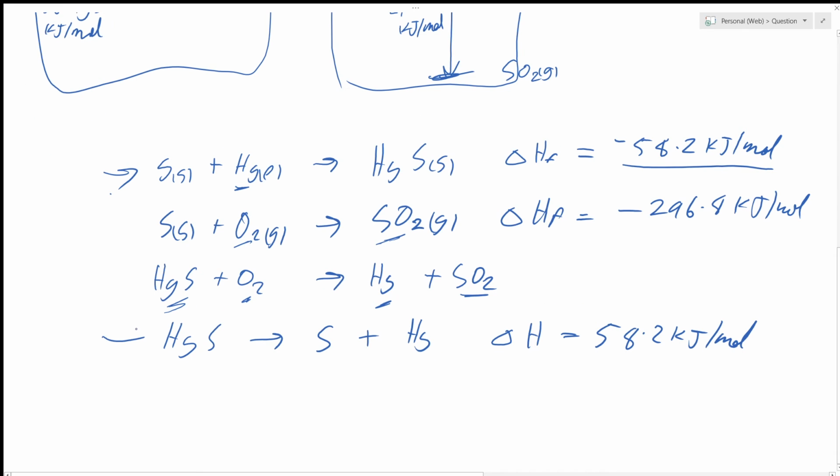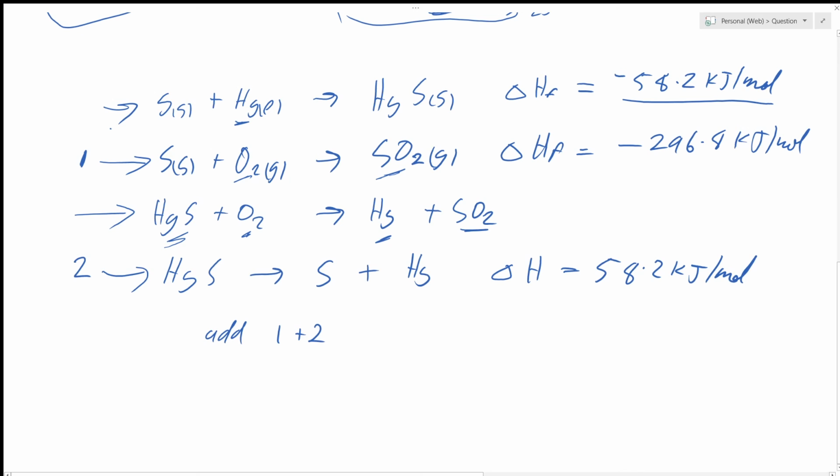If we were to add this reaction and this reaction here, I'll just label them 1 and 2. If we were to add 1 and 2 together, we'd get the reaction that we're trying to get, because our sulfurs would cancel out. Then we've got mercury sulfide, yes, oxygen, yes, going to mercury, yes, and sulfur dioxide. Excellent.